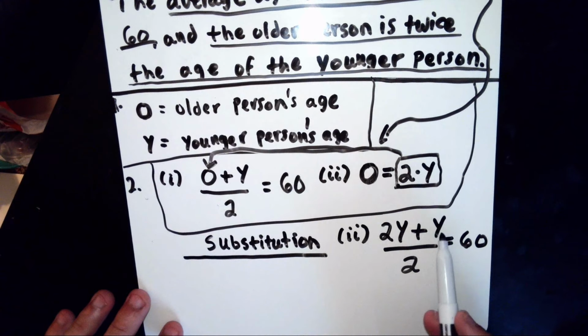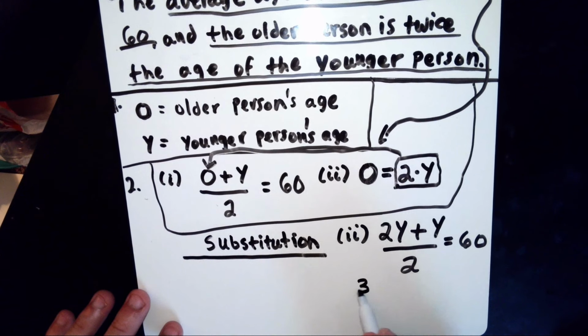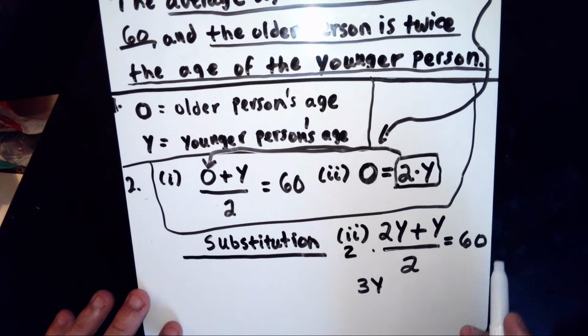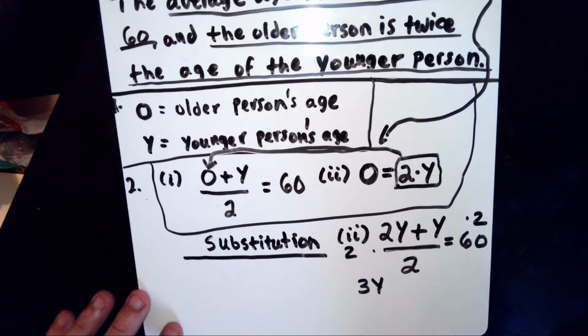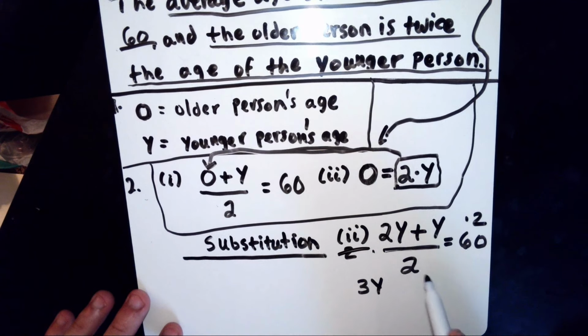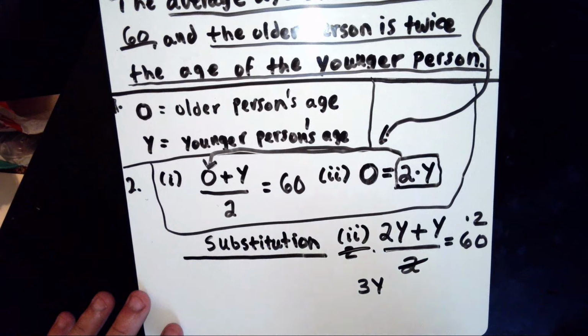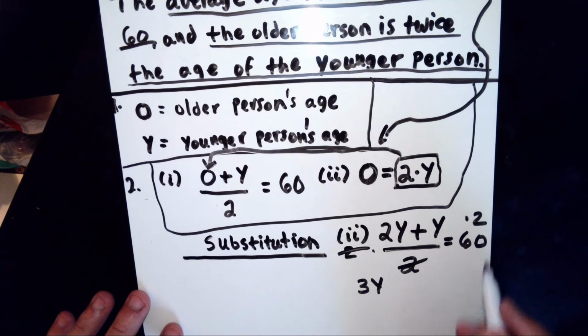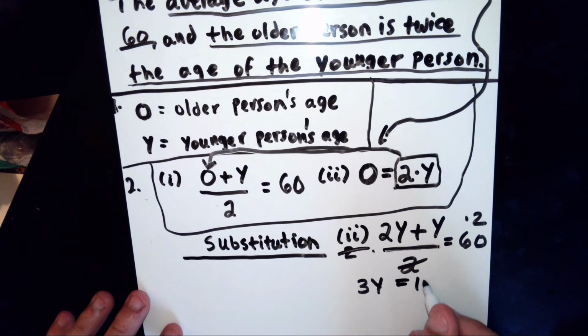Now we can see that if we add these two together, that leaves us with 3Y. So we get 3Y, and then we also have this 2 in the bottom. We'll multiply by 2 on each side of the equation to get rid of that. So that cancels here and there, and on the right-hand side we get 2 times 60, which is 120.